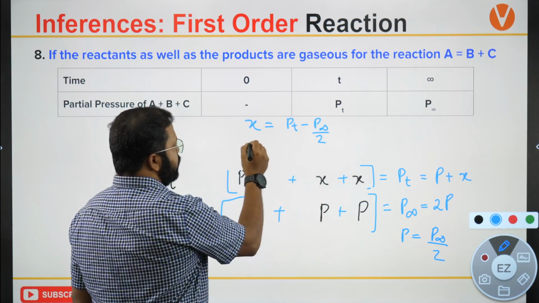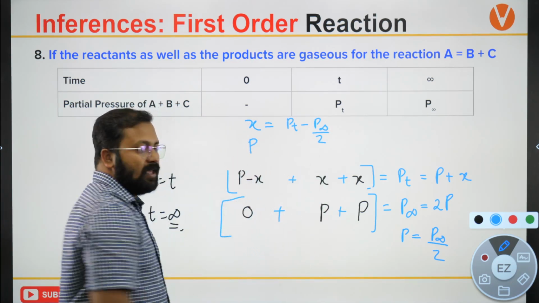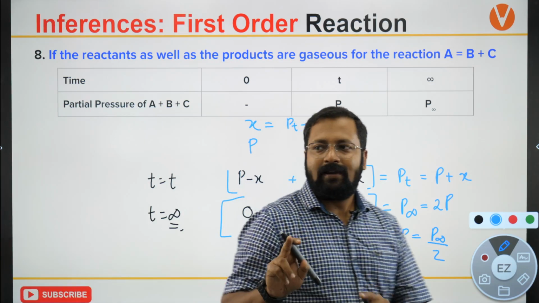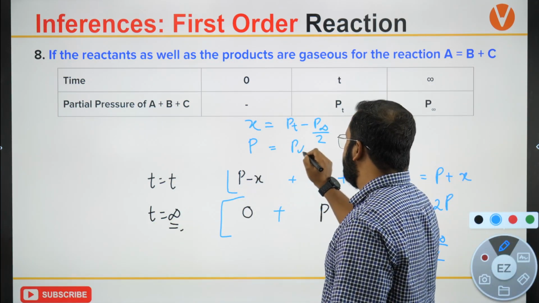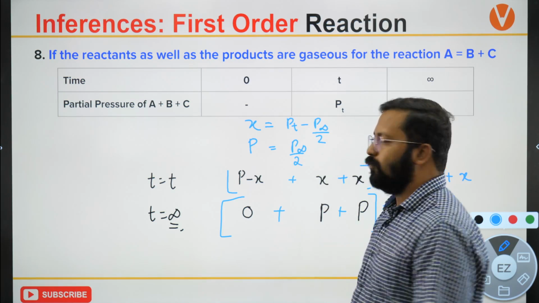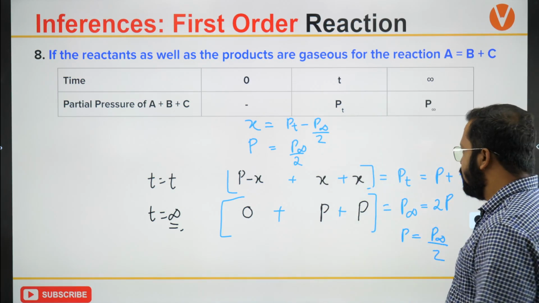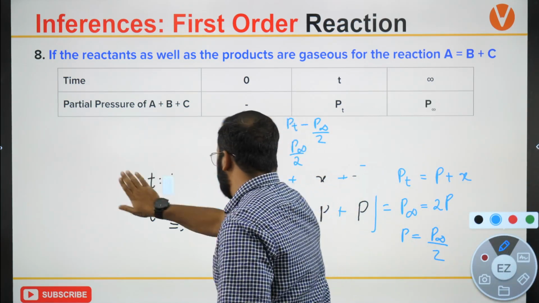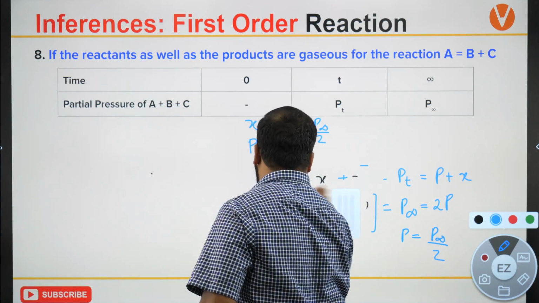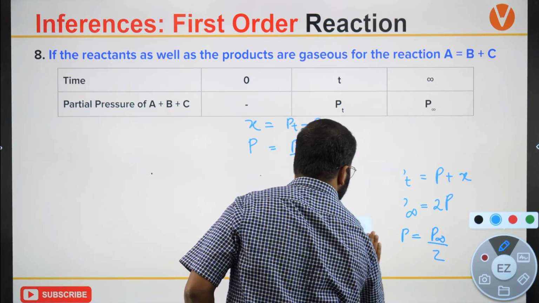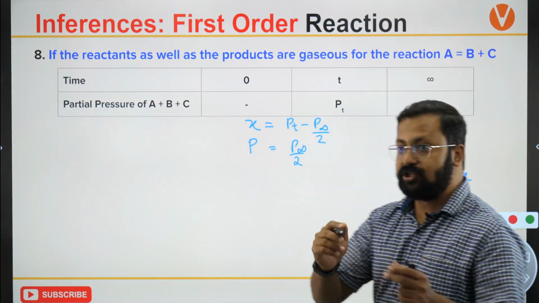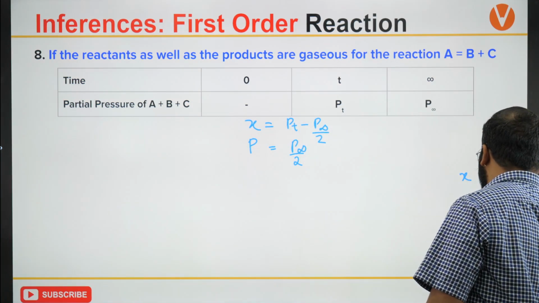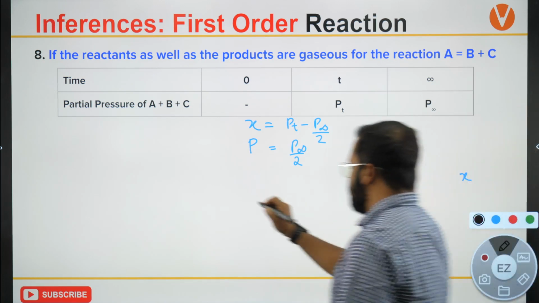And initial pressure was P. What was the initial pressure? P is equal to P infinity by 2. I now have to use these two informations for identifying the expression for rate constant. What I'll write?